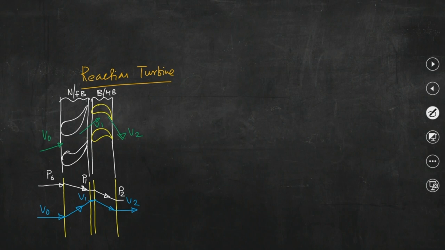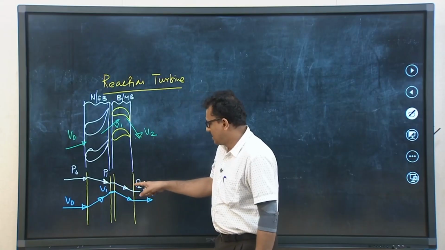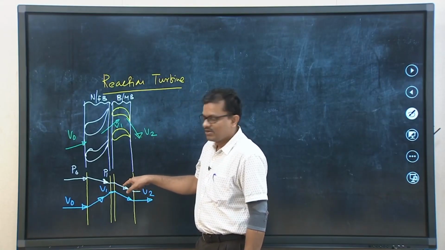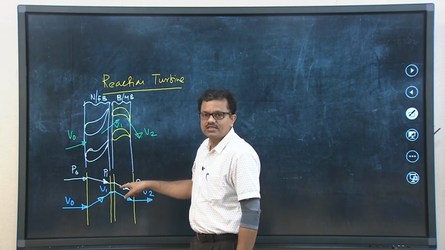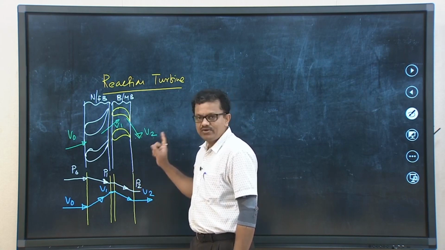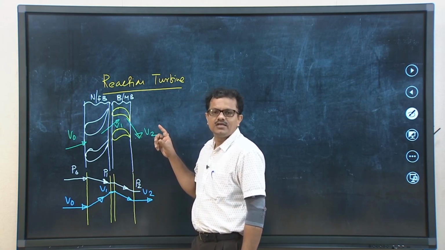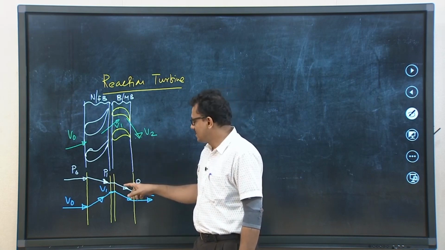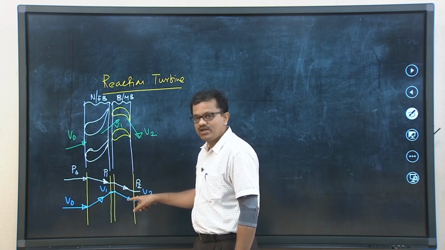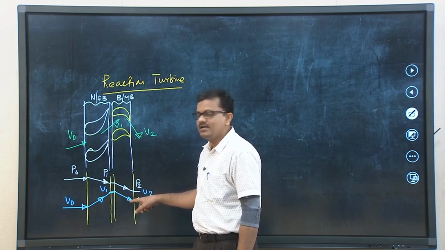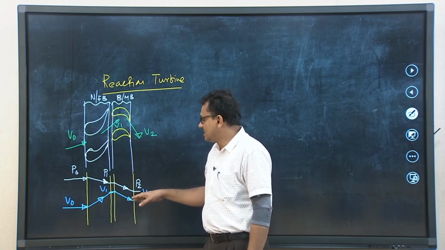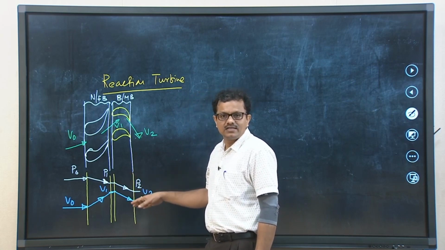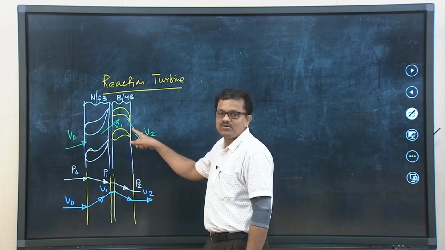So, what we can see is that if pressure is remaining constant, what we have seen for the impulse turbine, then perhaps velocity would have been a little lesser at the exit of the moving blade.